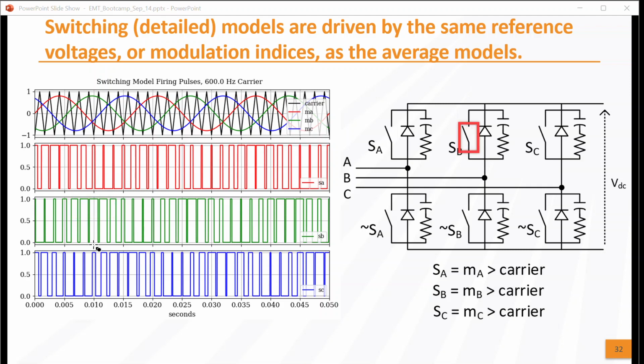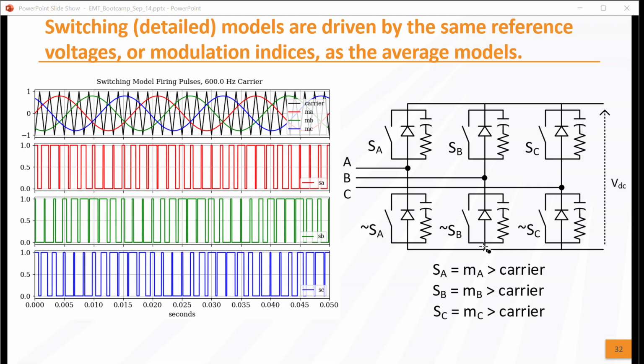And whenever that firing pulse is 0, then this switch is going to be turned on. You can think of it as a voltage source being turned on to that AC phase terminal just for intervals.